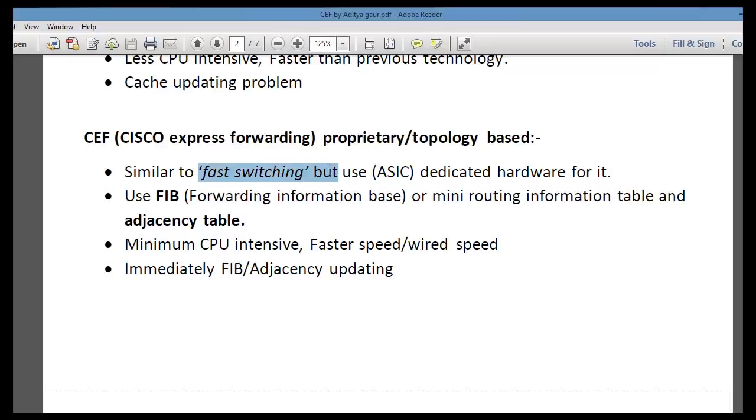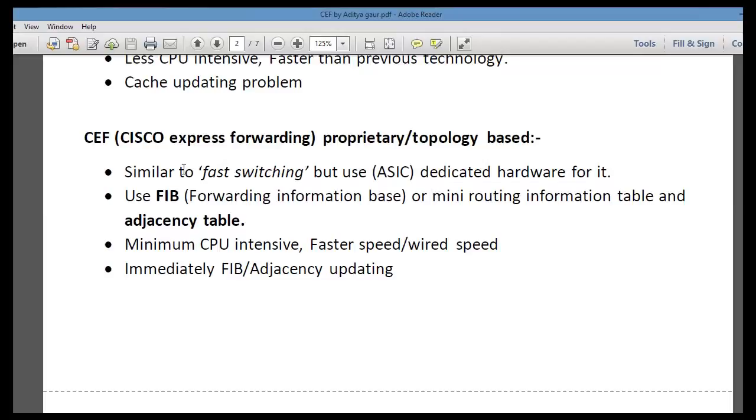This is similar to fast switching, which keeps a route cache of recently used routing and forwarding information, but it uses dedicated hardware known as ASIC, application specific integrated circuit. This is performed by ASICs, not by the CPU of your router or switch.